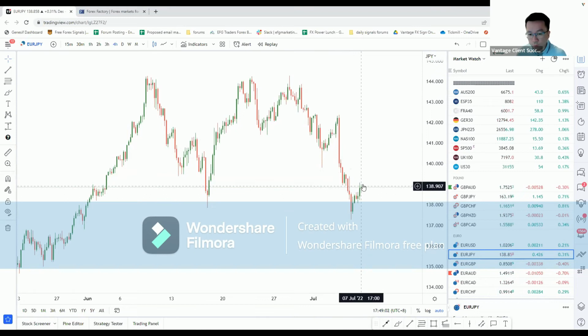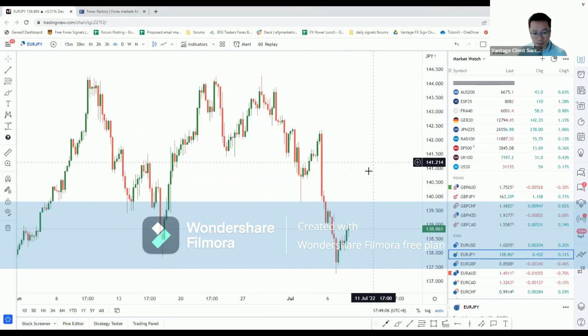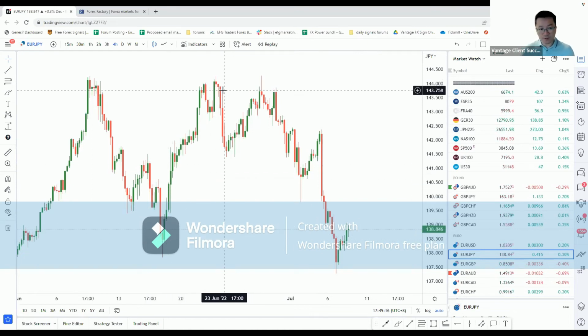It could push towards the upside, but for the euro yen to push towards the upside from this 130, slightly below this 139 level, for this to repeat, we're going to either have to see the euro dollar strengthen or the yen weaken significantly.